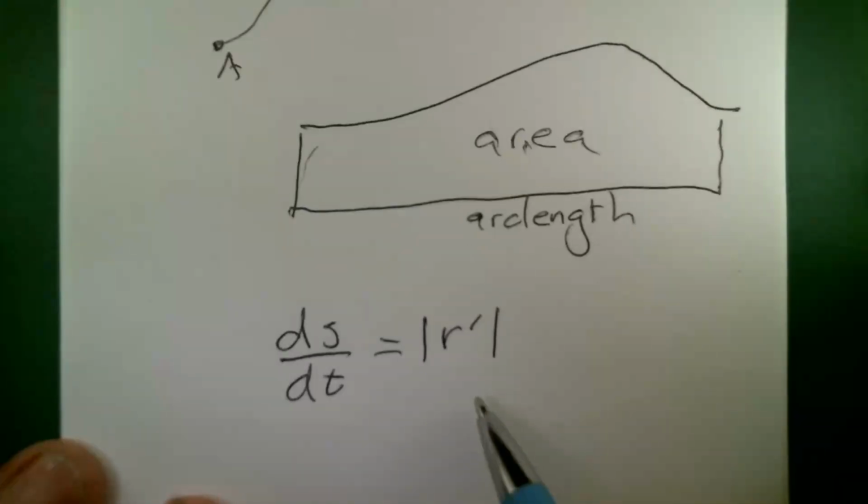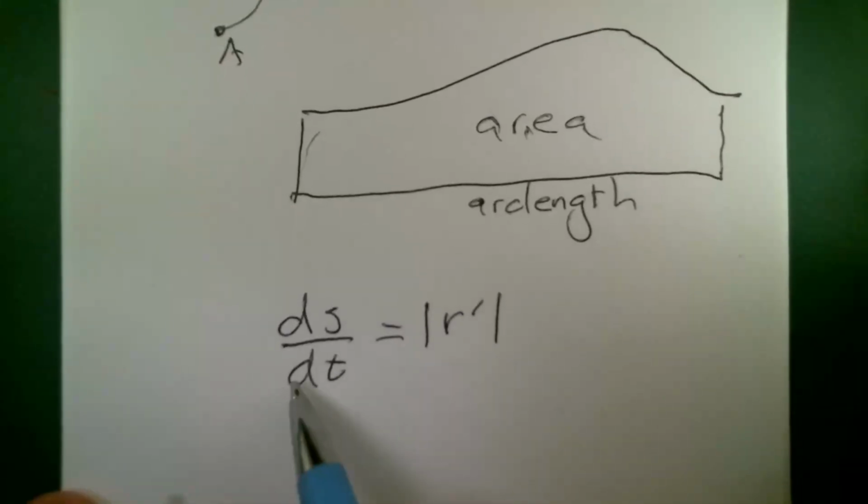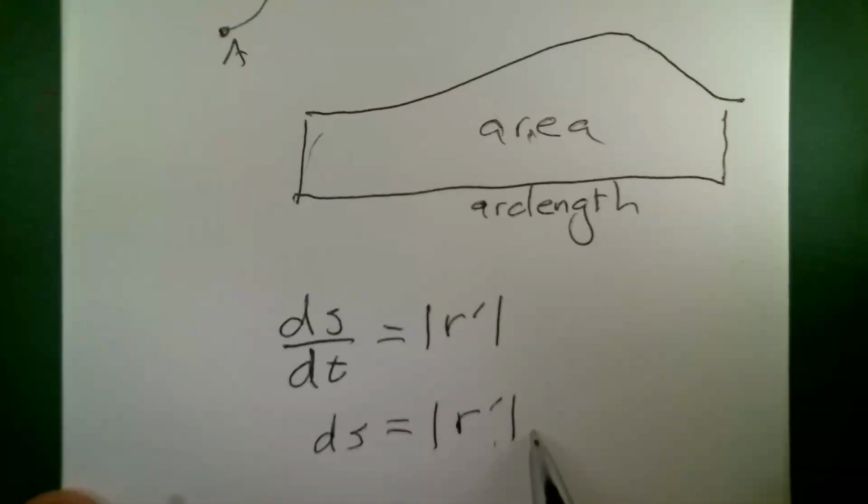And you can turn this around by treating the Leibniz notation the way it's meant to be used, as fractions. You can solve for ds. ds is equal to the length of r prime times dt.